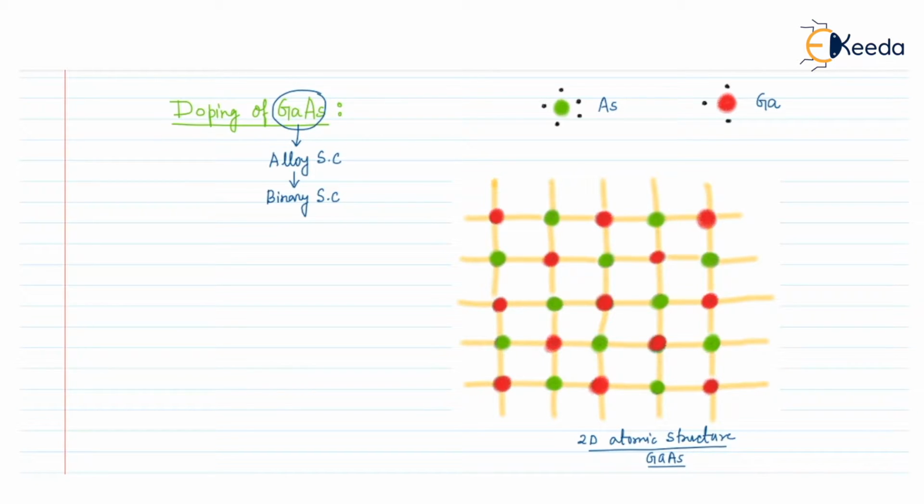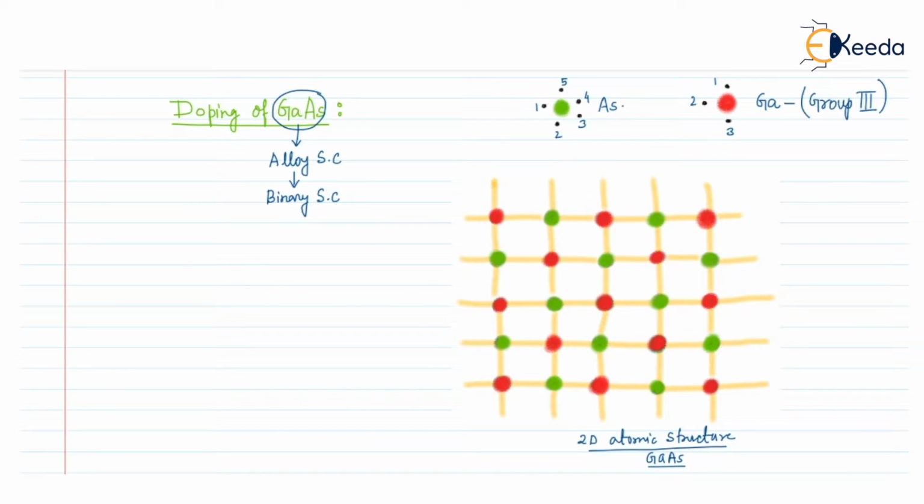From this structure we can see there are 1, 2, 3, 4, 5 electrons in the outermost orbit. Similarly, gallium is a group 3 element, so it will have 3 electrons in the outermost orbit.